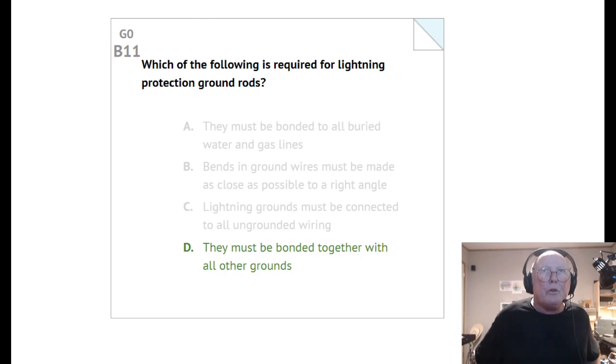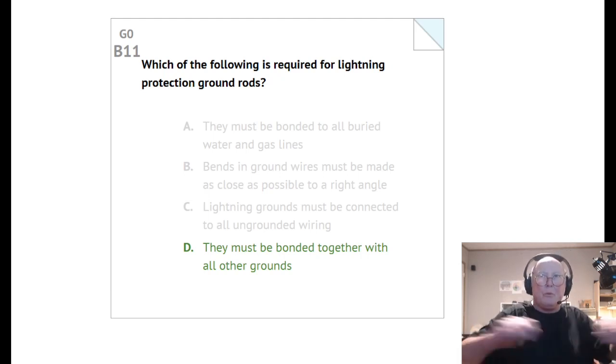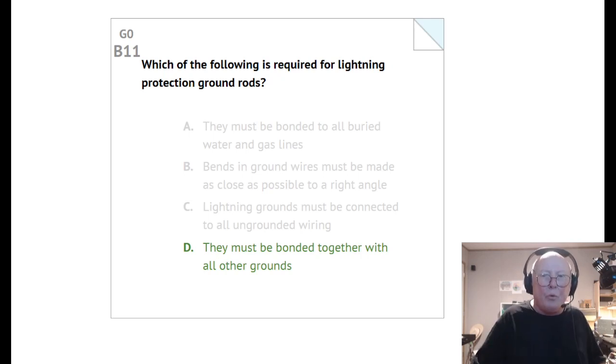You've got to bond them together with all the other grounds. If there's one more at your electrical service and one outside your ham shack, then both of them need to be bonded together with wire or cable or braid band or something like that. Something heavy duty.